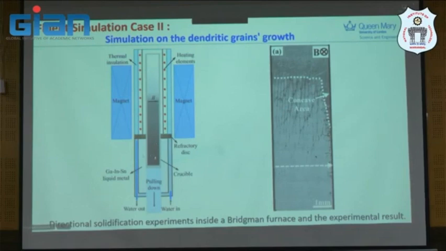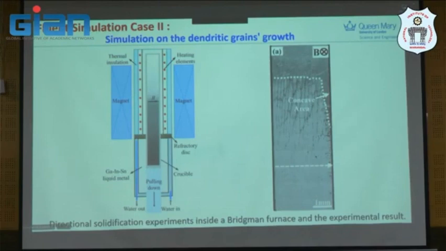Both the heating element and the cooling system keep the sample at a constant thermal gradient during the whole experiment. Also, K-type thermocouples were used to monitor and adjust the temperature.